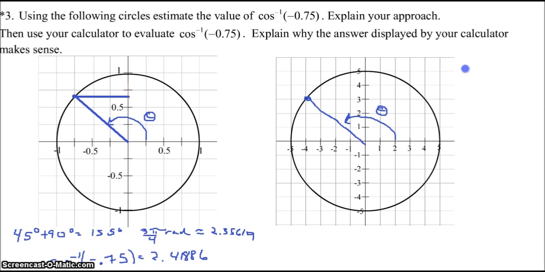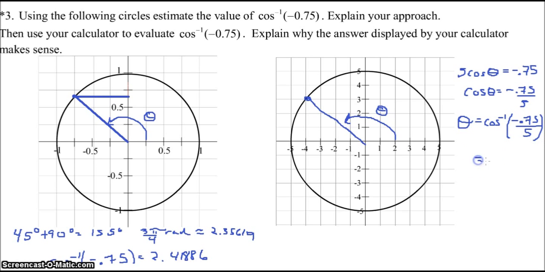The thing is, though, cosine of theta will give you that x value of negative 0.75, and so cosine of theta would equal negative 0.75 over 5, and so theta would be the inverse cosine of negative 0.75 over 5, which is the same thing that we would get, 2.41866 radians.